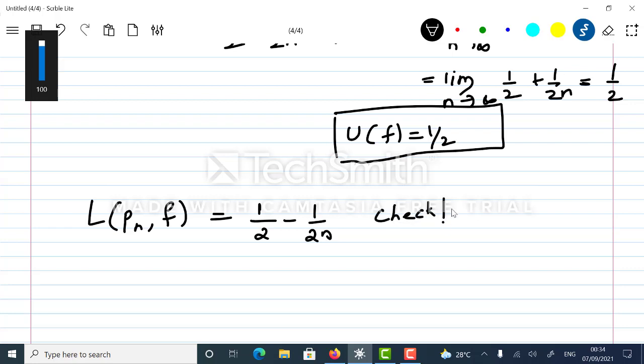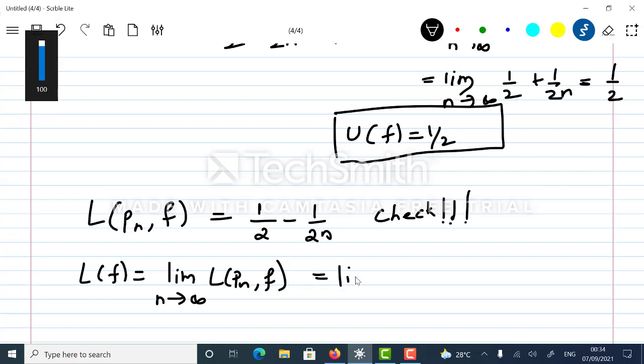If you find any difficulty, we will definitely discuss in the class. So my LF is limit as n goes to infinity LPNF, and that will turn out to be limit as n goes to infinity half minus 1 by 2n. So half is a constant, so this half will remain. This will be 0, so the answer is half. So I got UF as half and LF also half.